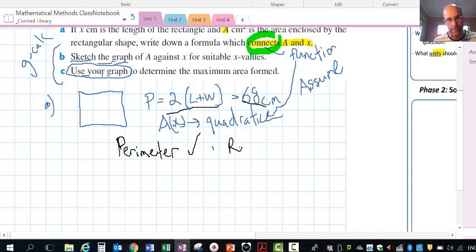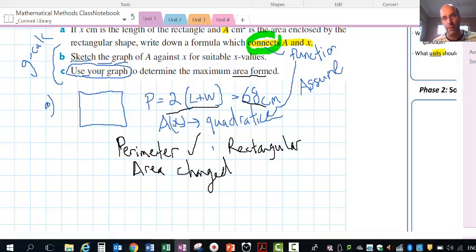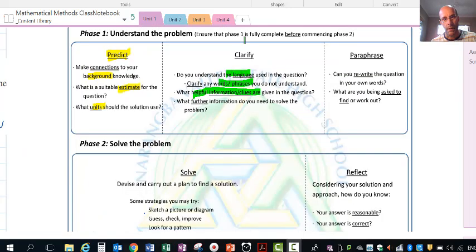We know it's a rectangle, so we know the perimeter of a rectangle needs to be used, or probably will be used. And use your graph to determine the maximum area, so the area must change. Now some of you mightn't realize that for a fixed bit of wire you can have different areas.